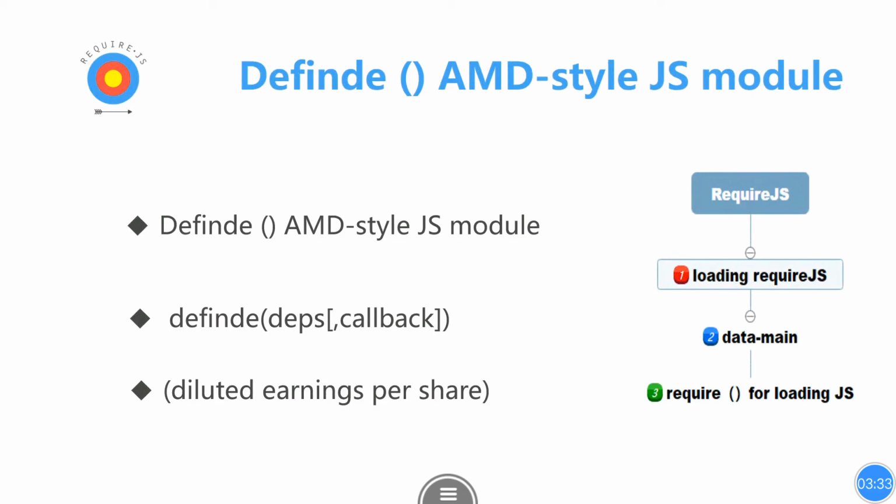So in the last lesson we met a problem: we can't get the returned value, because the JS file doesn't use the AMD style. So we go to step 4, define.